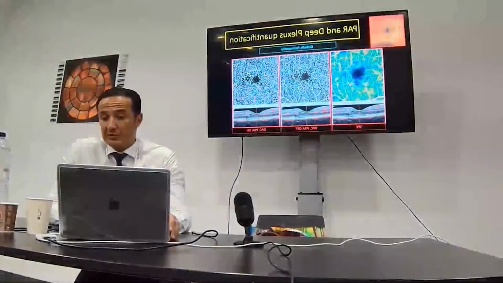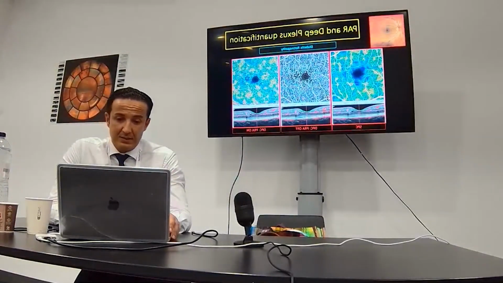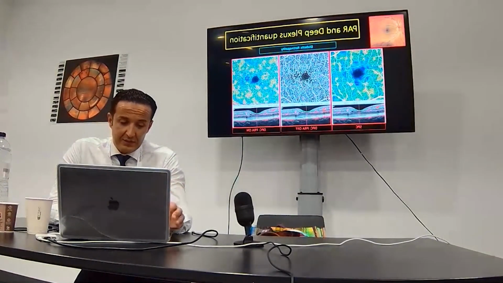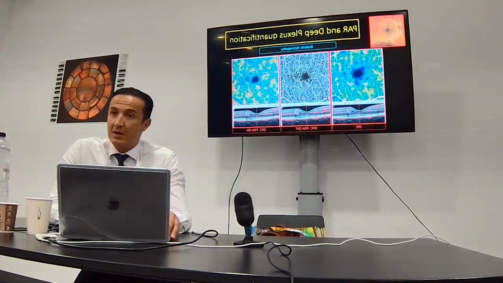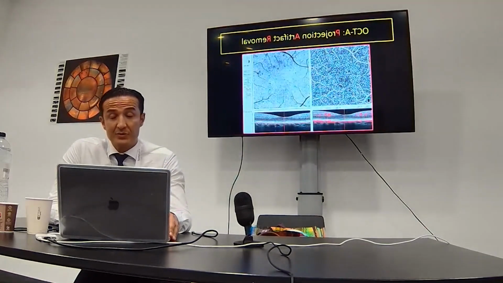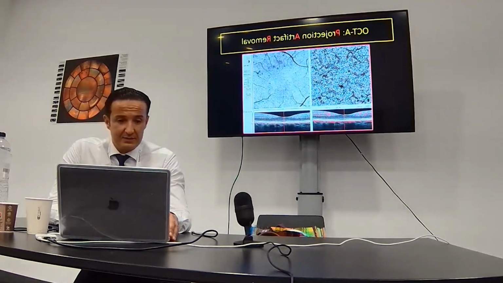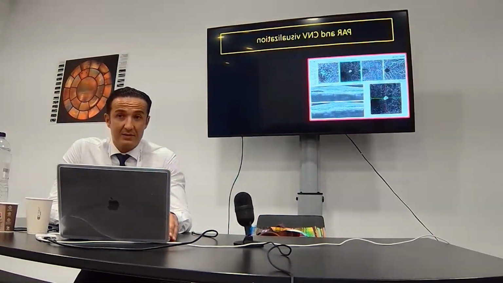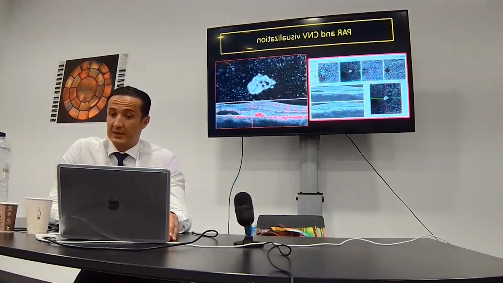When you don't have PAR, and when you have PAR, you have a very good representation of your vascular density with this projection removal. And look also in the choriocapillaris, you remove this projection artifact in order to better identify the presence of the CNV, of the decorrelation signal within the outer nuclear layer segmentation.